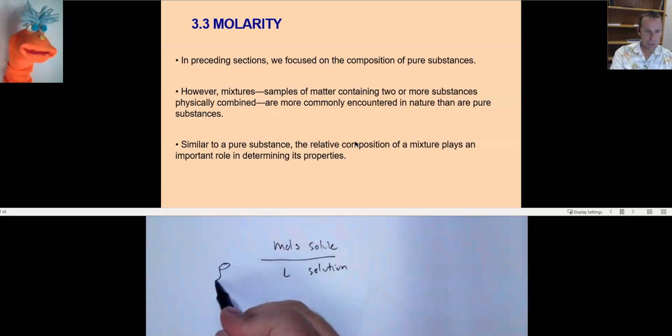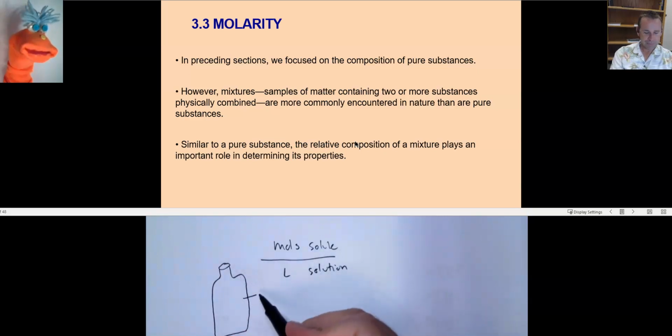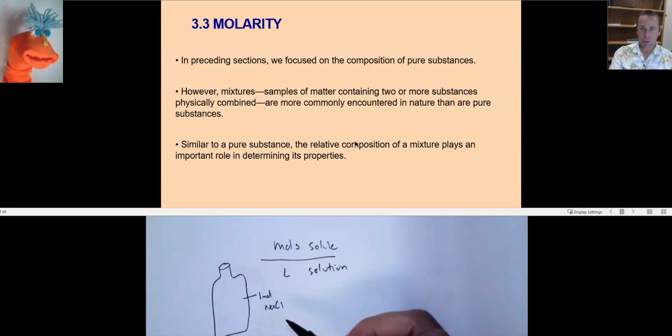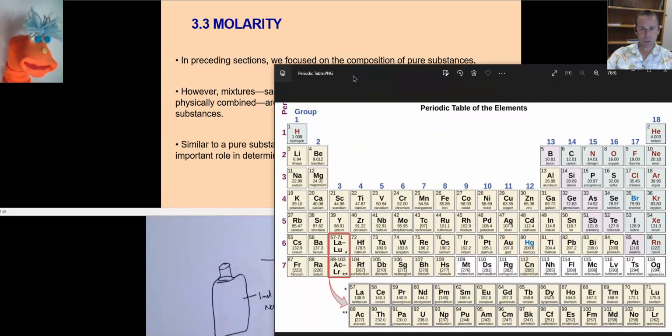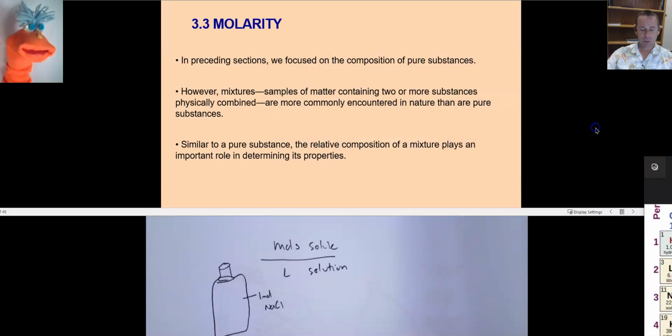So going back to our example of a solution of sodium chloride, if I have 1 mole of sodium chloride, now Fred, do you remember how many grams there are per mole of sodium chloride? Well, I don't remember, but I can figure it out with the periodic table. All right. So, sodium's 23, chlorine's 35, 58? Yeah, so about 58, 23 plus the 35.45, so 58.45 maybe.